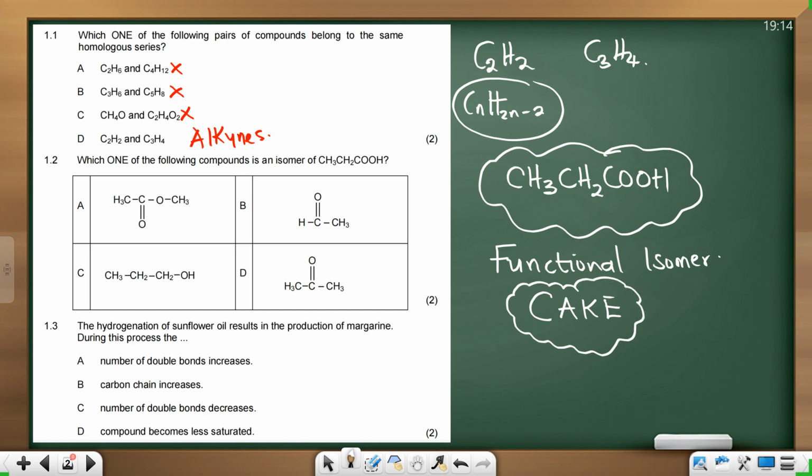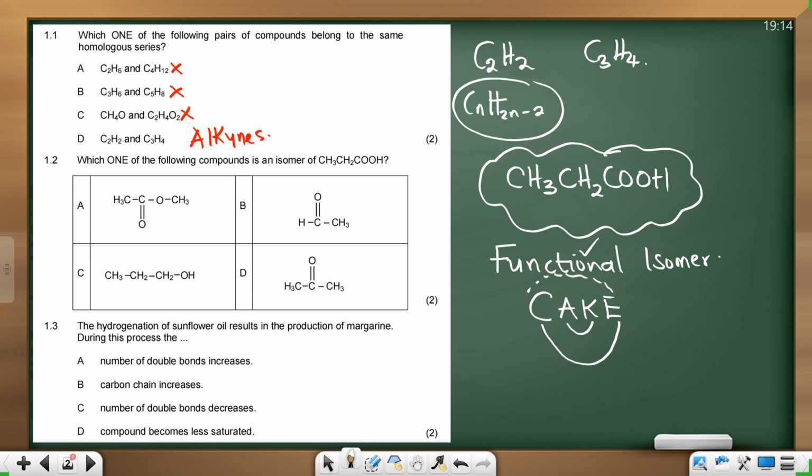We said for every function, there should be a cake, which tells me about functional isomers. And if it's a cake, carboxylic acid, you've got to smile, guys. A cake would naturally bring a smile.